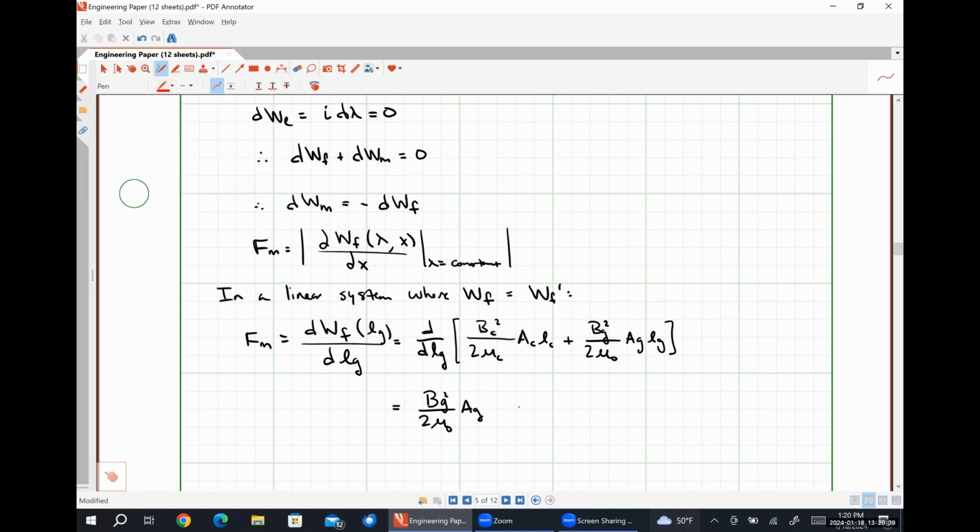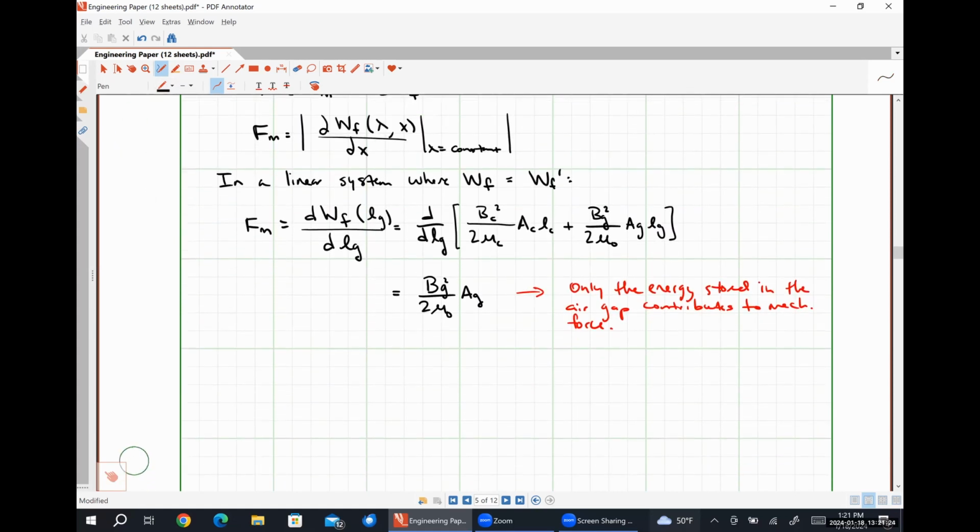So we can see that only the energy stored in the air gap contributes to our mechanical force, which is pretty great because, as we saw earlier, the overwhelming amount of the stored energy is the energy stored in the air gap. The core, or the energy stored in the core, contributes practically nothing. Okay.